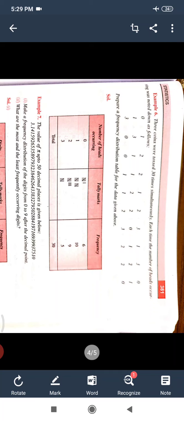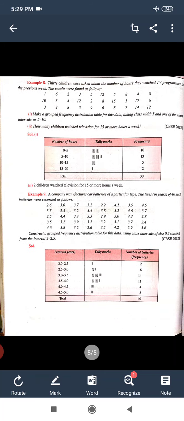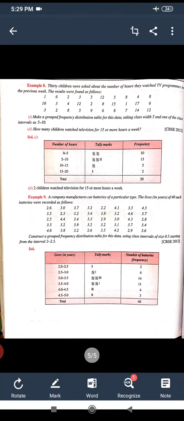There are 30 simultaneous tosses, which means 30 numbers are given, and we want to make the frequency distribution table.